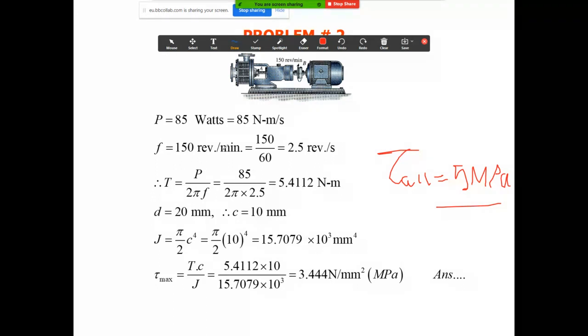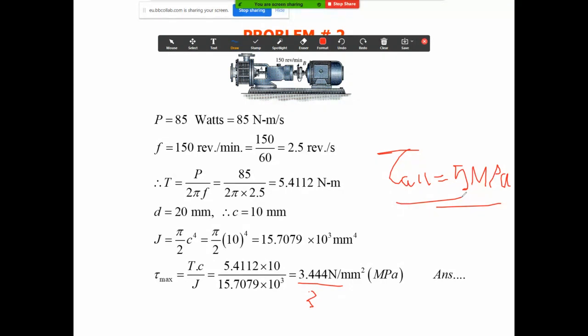Due to the applied power, which is converted to torque, and this is the shear stress due to this torque, what do you think? It will resist. Because here the applied power created a stress of 3.4, but the material can resist up to 5.